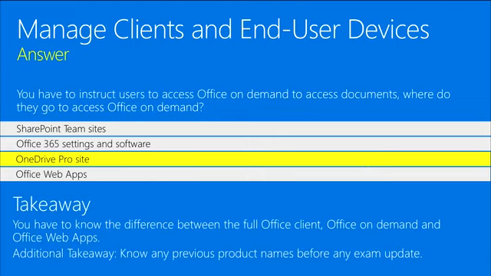Also, you need to know the difference between the full Office client and, of course, the Office On Demand and the web apps. Also know about the licensing as well. So if a user, for example, opens up a document and it's only read-only, what's wrong with this picture? The user's not a licensed user, so just be aware of that.